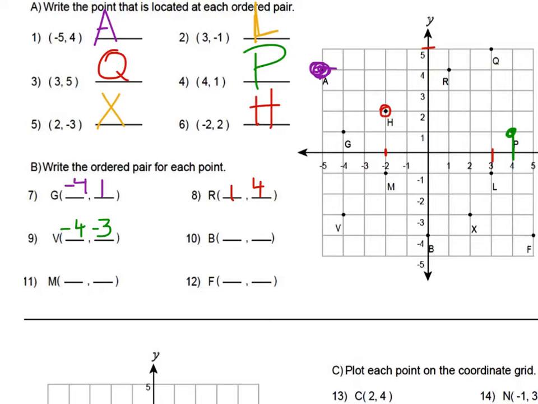Oh, my bad. Okay, we're good. All right, what about B? (0, -4). 0, 4? -4. Okay, all right. What about M? (-2, -1). And finally, F. (5, -4).